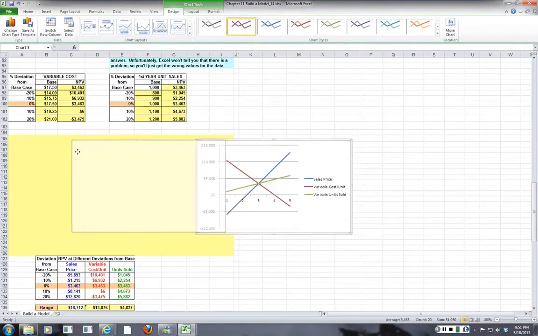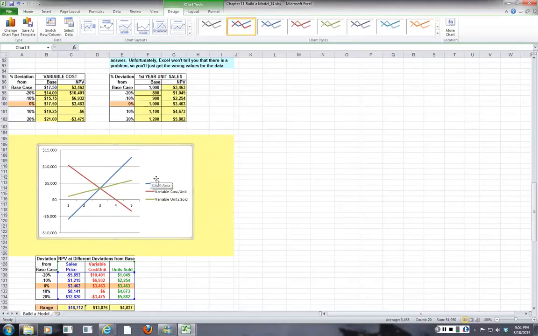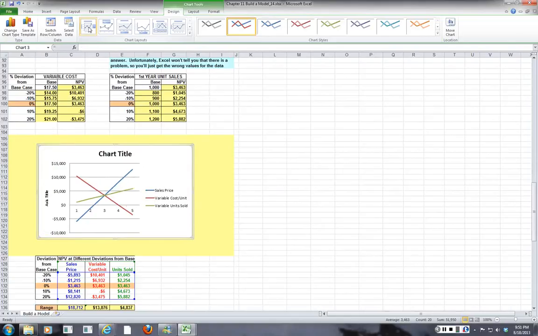So let me just take this and pull this over here. And I want to click on this one now so that we can put in a chart, and I'm going to call it SENSITIVITY. And that prints out here, and I want to have this one be net present value, and there you see it at the side.